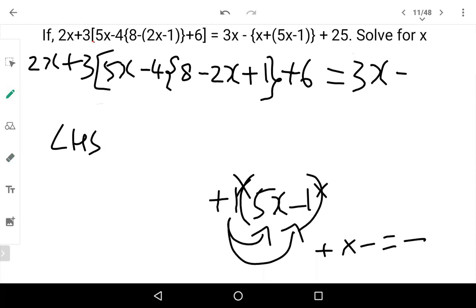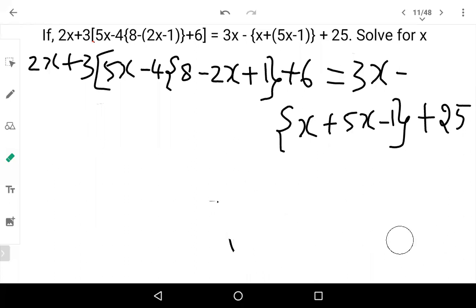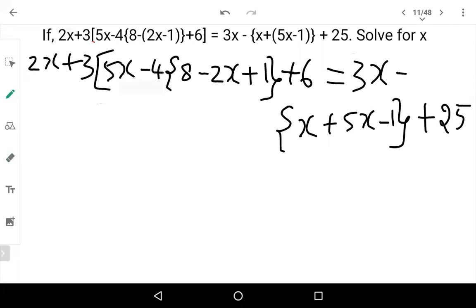I'll write it a little this side. So you have x plus 5x minus 1 flower bracket plus 25. Understood the first step? Everybody understood the first step?